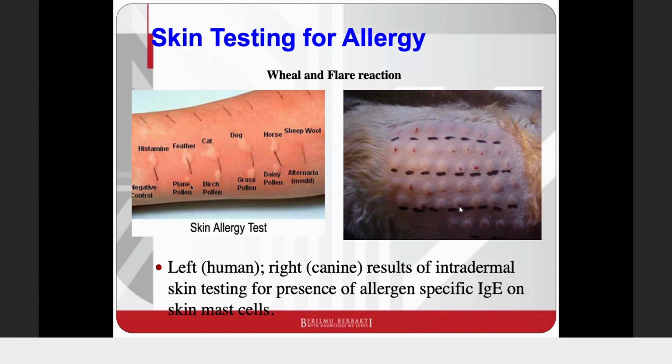If you miss the 5 hour period, so probably you measure the IgE at 8 hours post antigen exposure, then you will miss the IgE level, so you will get a false negative.